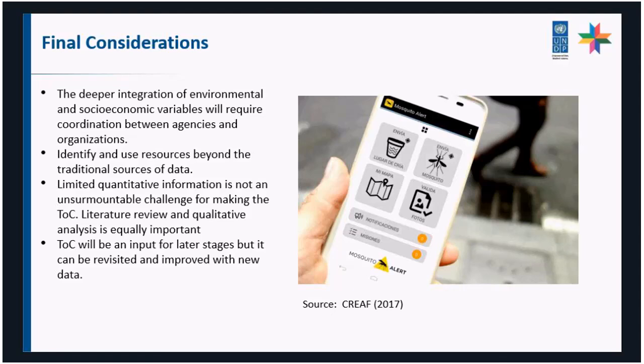Just to complement, I mentioned that this was an example of the first approach, but if the attendees want to check some of the other approaches being taken in the region, they can review the multidimensional poverty reports of some of the countries. Dominican Republic, El Salvador, and Mexico have actually taken some steps to incorporate environmental indicators at the household level.